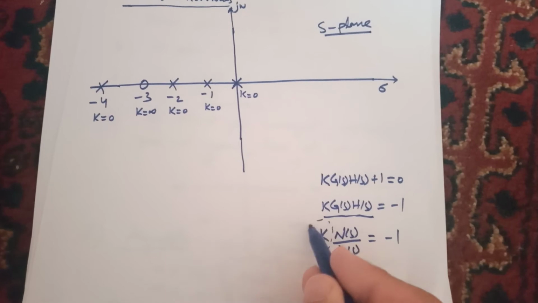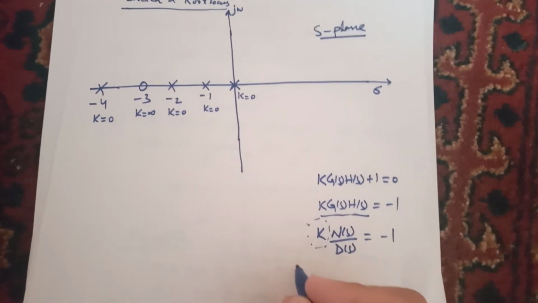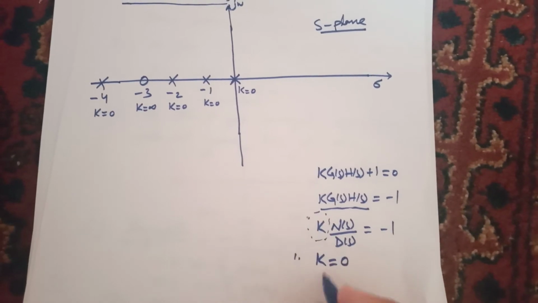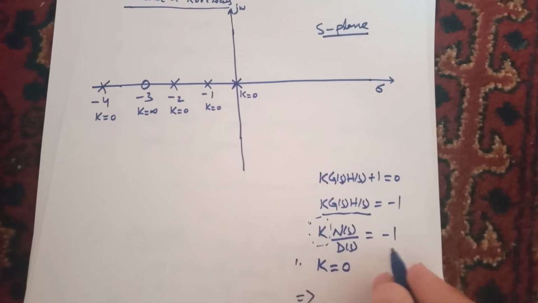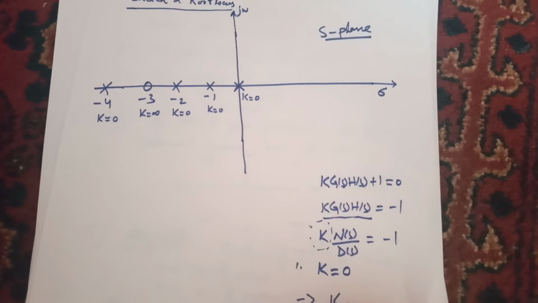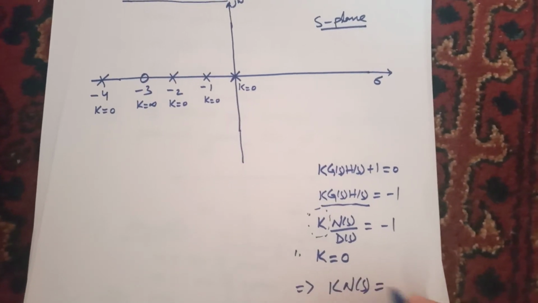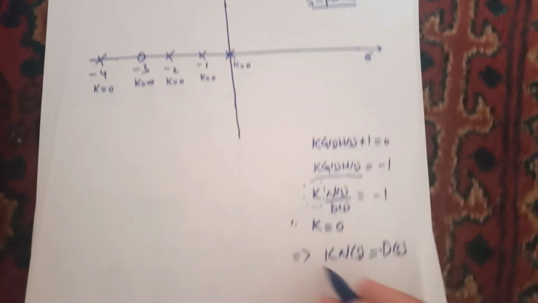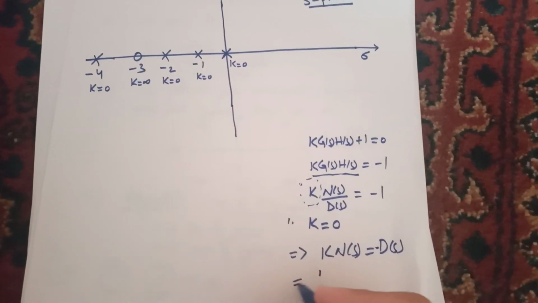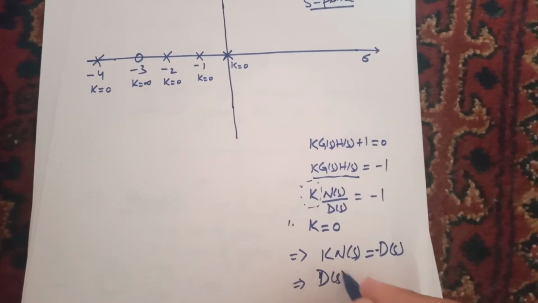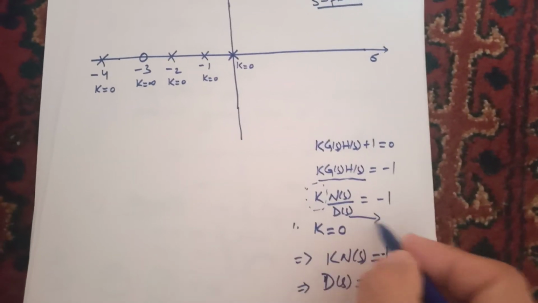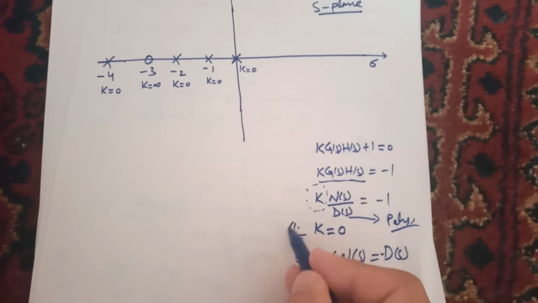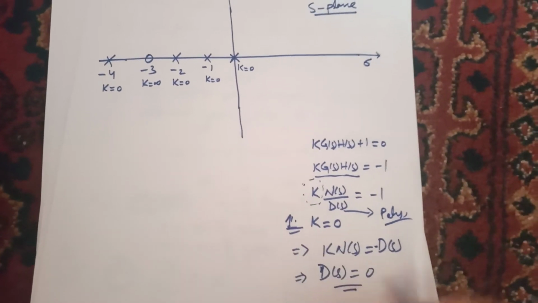Assume that in the first case k is equal to 0. So when k is equal to 0, just do a little maths here: k n of s equals minus d of s. When k is 0, this implies that d of s is equal to 0. This gives you the poles of the system. That's why for k equal to 0, we have poles.